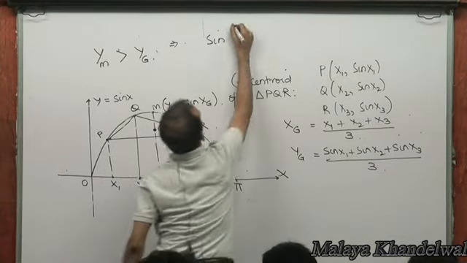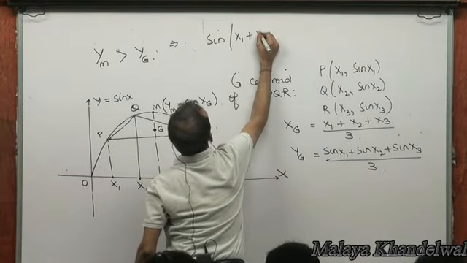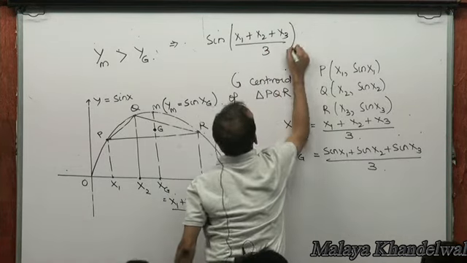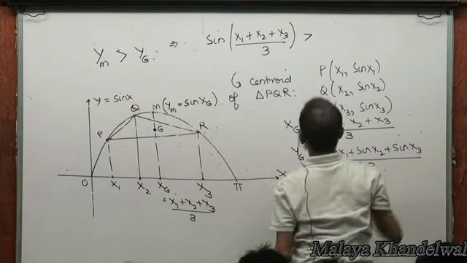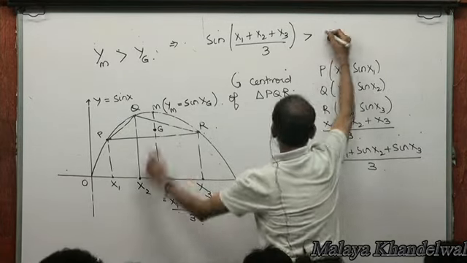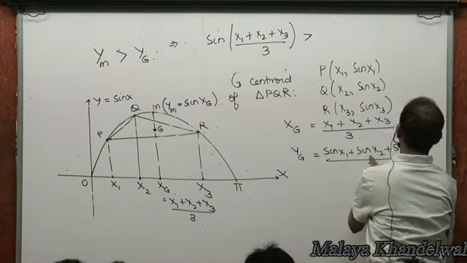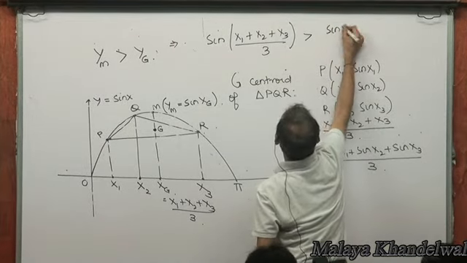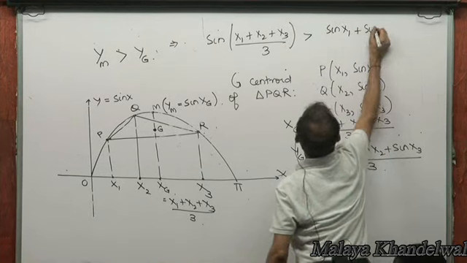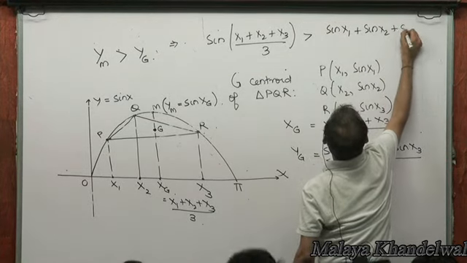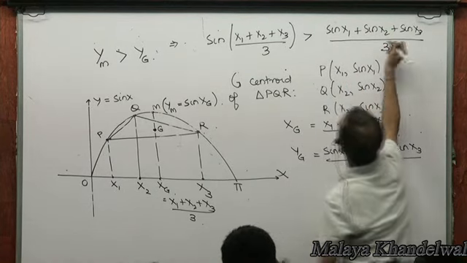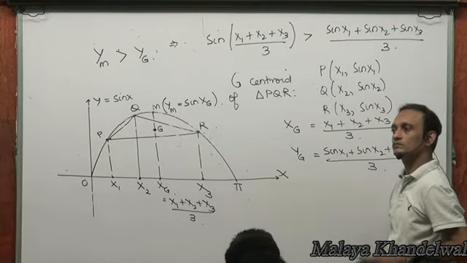So sine of (x1 plus x2 plus x3) by 3 will be greater than yG. yG is (sine x1 plus sine x2 plus sine x3) by 3. Right?